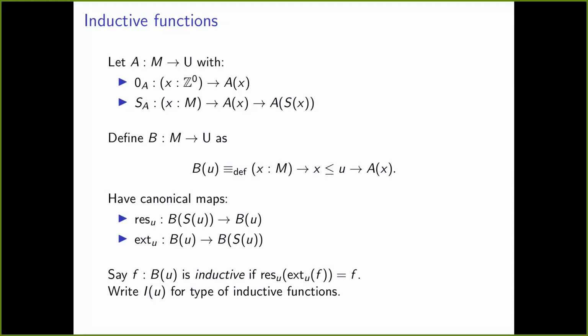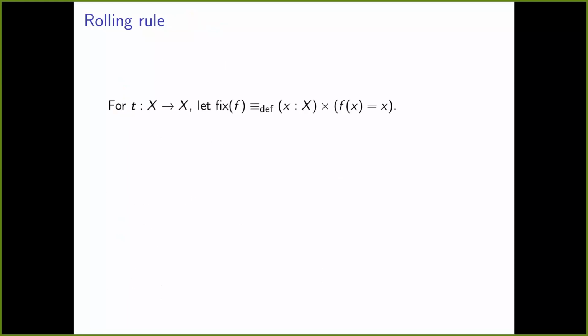And I will write I of U for the sigma type of the functions that are in it. The reason this description was useful is that we have a nice lemma about this kind of type.